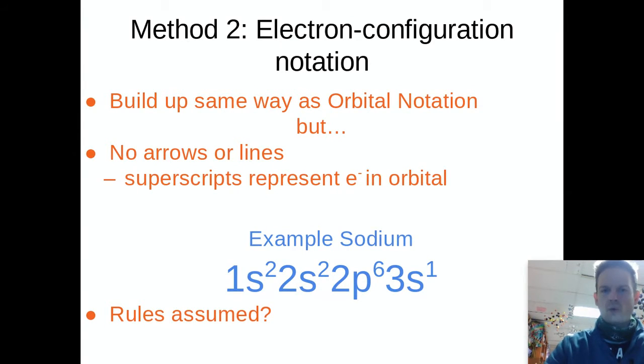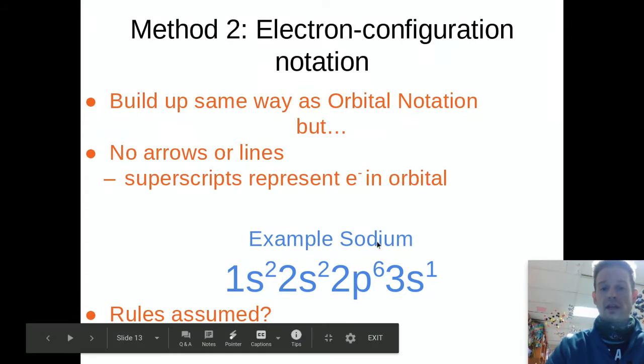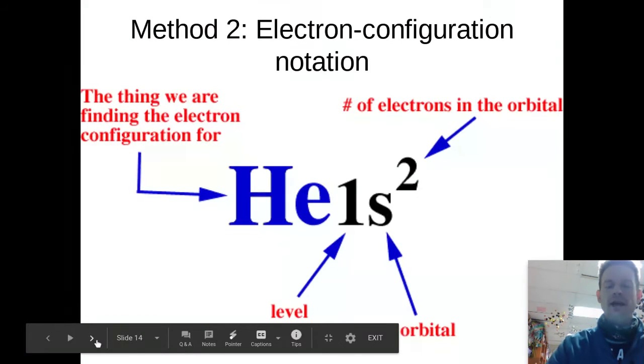Now, what we should be thinking of is, because we don't have arrows, it's really the Pauli exclusion principle and Hund's rule. If we don't know what direction they're going in, and we don't know exactly what orbital they're in, those are the two rules that we're assuming are correct.